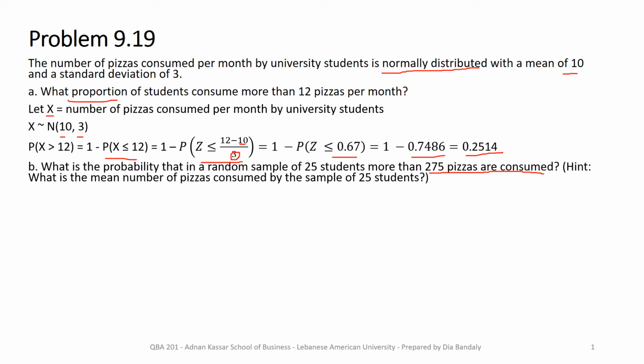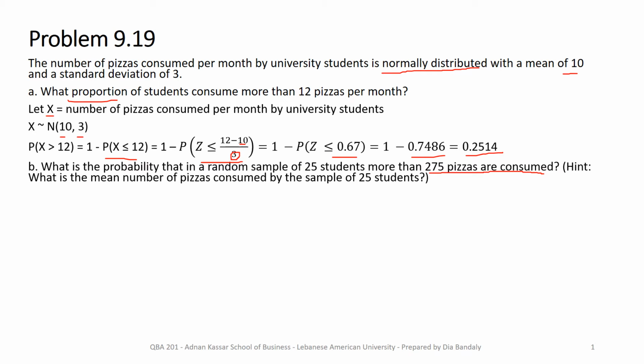The author of the textbook is a really nice person because he's giving you a hint. He's asking what's the mean number of pizzas consumed by the sample of 25 students. Why is he giving you this hint? Because you cannot answer this question using the probability of X, nor by using the probability of X bar directly, because this is the total consumption of 25 students, and this is not a variable that we know.